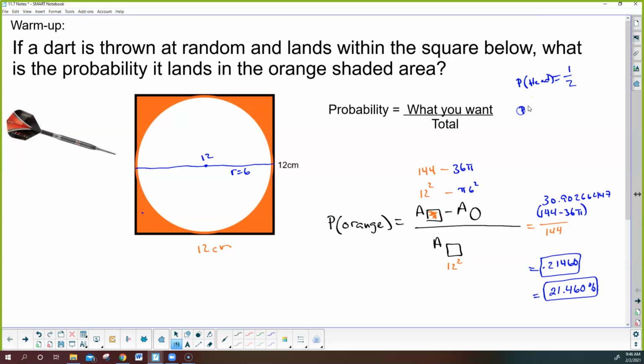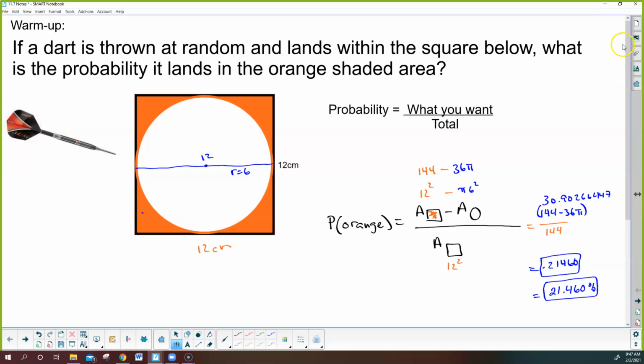Or what's the probability that you roll a dice and you roll a number 4? Well, there's one 4 out of 6 total possibilities. So what you want out of the total. If we mix area problems in there, there's nothing different. It's the area of what you want, which is usually the most amount of work, over the area of the total.